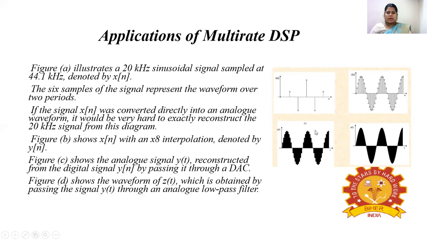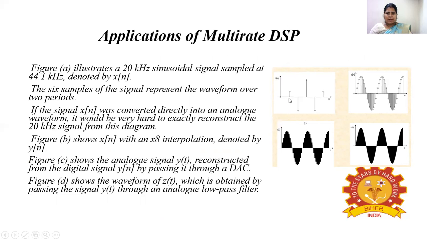Let us see the application of multi-rate digital signal processing for the above CD player example. Here figure A illustrates the 20 kHz sinusoidal signal sampled at 44.1 kHz. It is denoted by x(n).